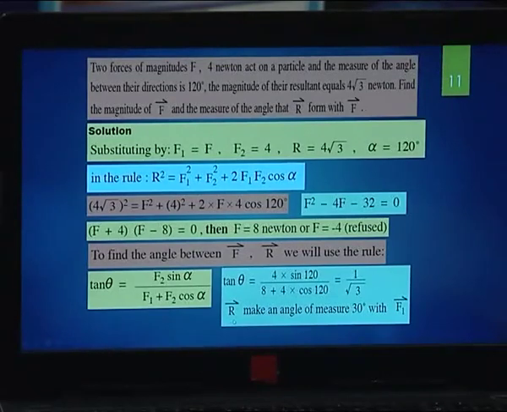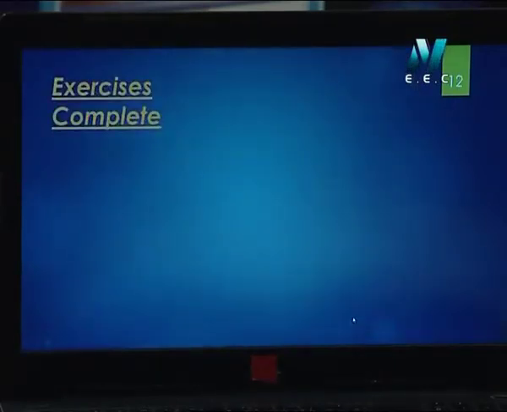So we will find that R makes an angle of measure 30 degrees with F1. You have to press on your calculator the button shift, then tan, 1 over root 3 equals 30 degrees. We have here the first exercise complete.